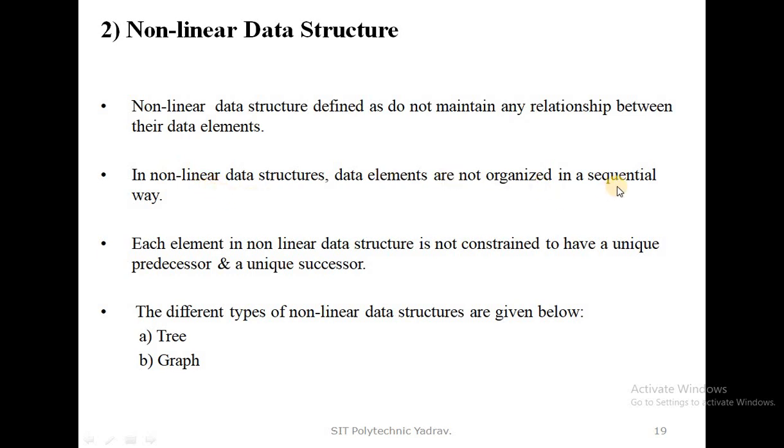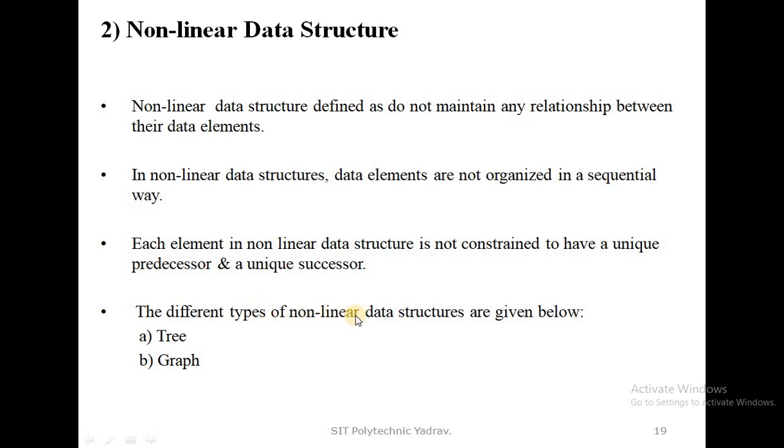Each element in a non-linear data structure is not constrained to have a unique predecessor and a unique successor.